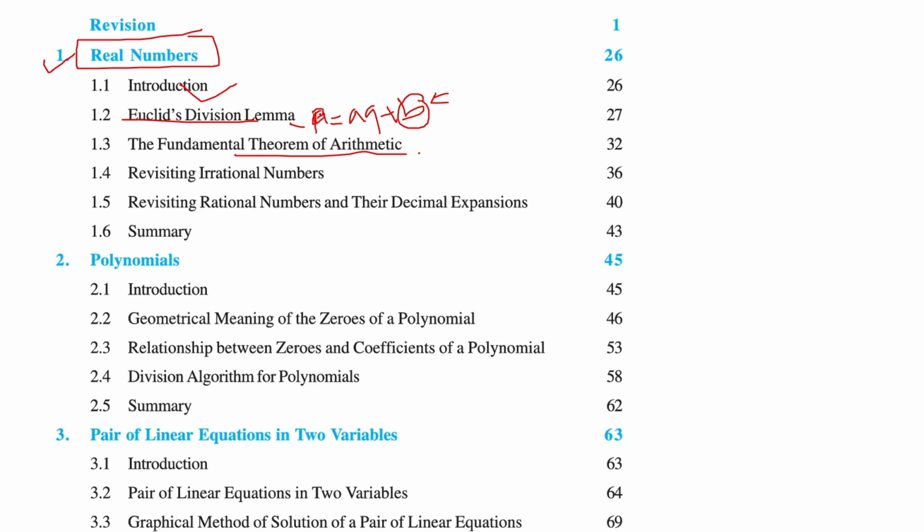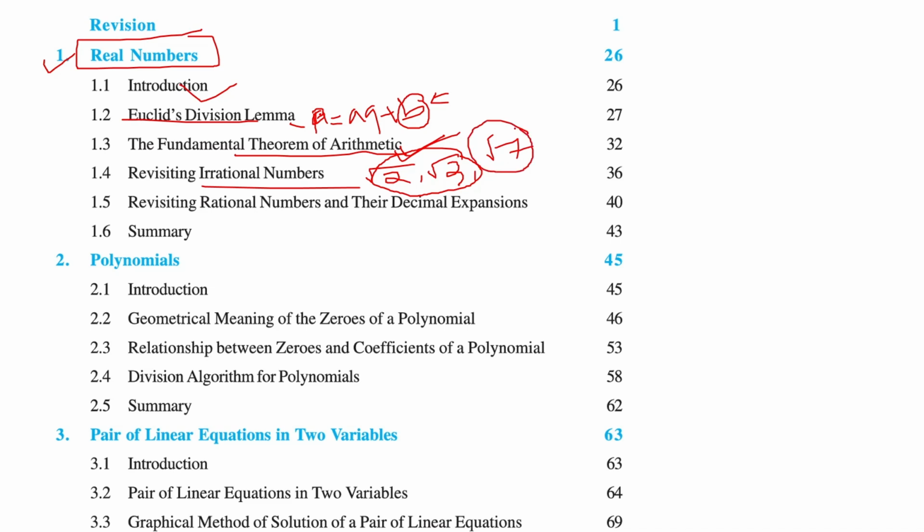The fundamental theorem of arithmetic is here. Then revisiting irrational numbers. What is an irrational number? Like root 2, root 3. These are irrational numbers. They will ask you the question of how to prove that root 2, root 3, and so on, root 7 are irrational numbers.